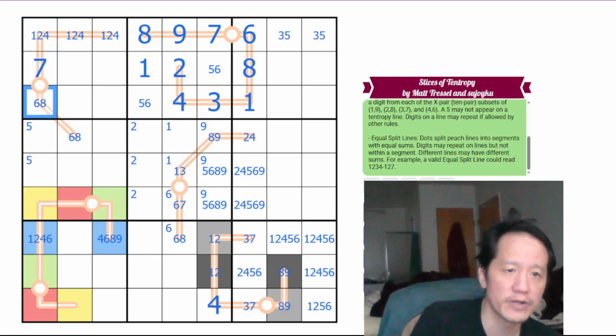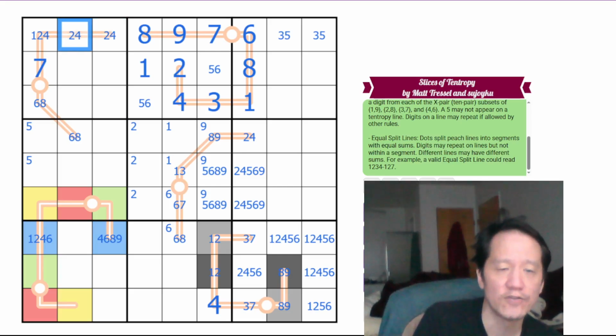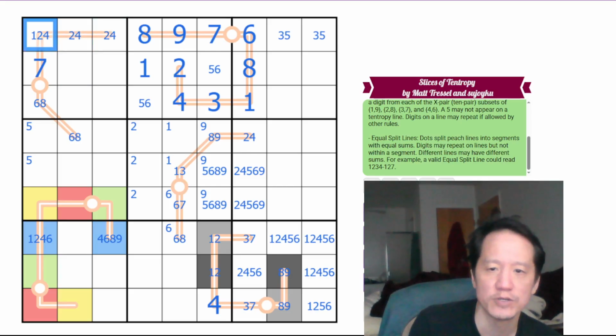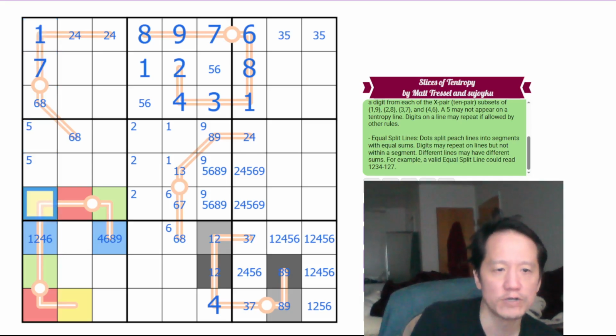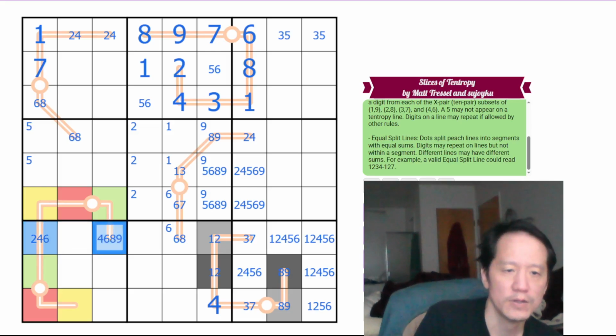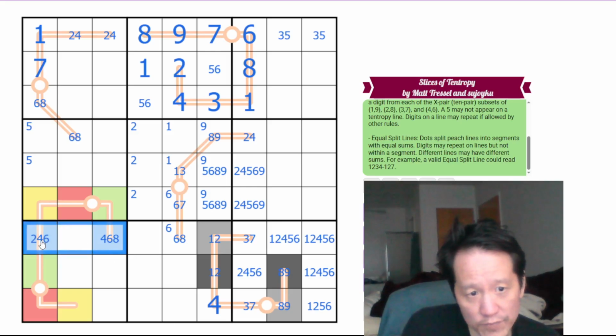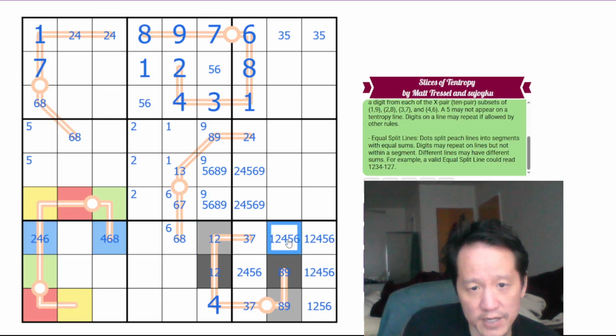This 6, 8 pair, it matches the 2 and the 4. So 2 and 4 have to be one of these, which means this has to be a 1. So this is 1, which means this cannot be 1 here. This cannot be 9 then. So one of these is 6 or 8, and this is 6 or 8, which eliminates 6 and 8 in the rest of the row.